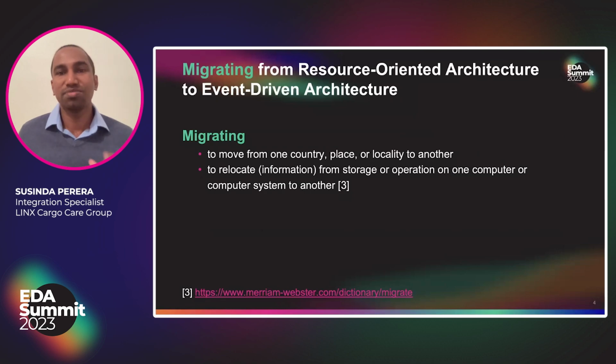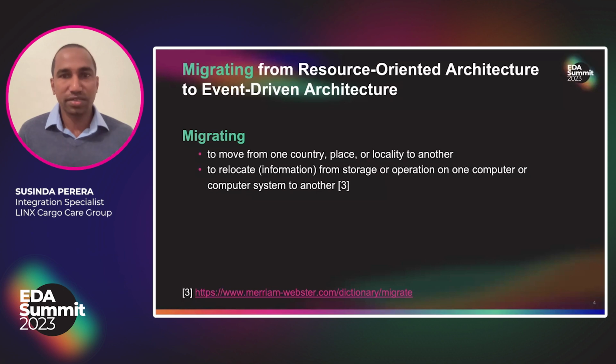Let's look at what is migration. First, it can refer to the physical movement of people or animals from one place to another. Second one, which is more relevant to us, is technology migration, defined as movement of data or data operations from one system to another.